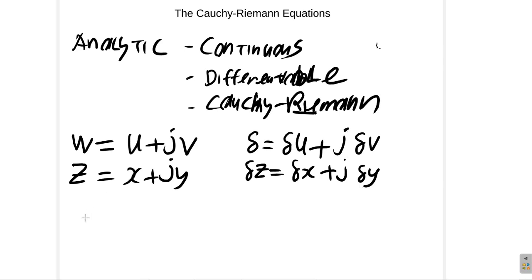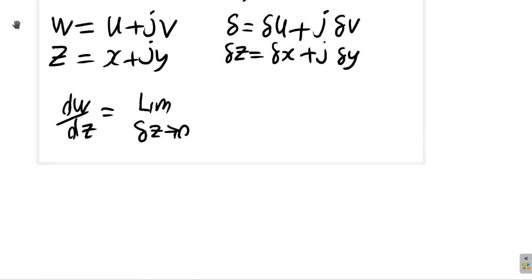Now, what is dW by dZ? That would be the limit as a change in Z tends to 0 of the ratio. Now, let's see what that will give us.